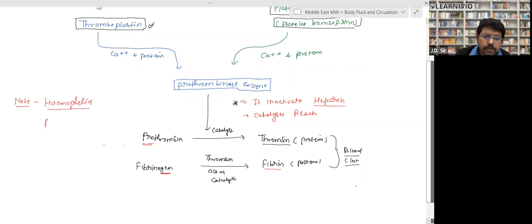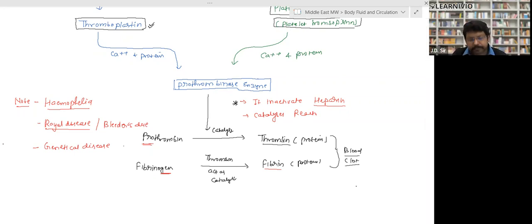This disease is also known as royal disease, or bleeder's disease, and this is a genetical disease which comes from our parents. In a hemophilic patient, blood clotting does not take place in their body. Clear?